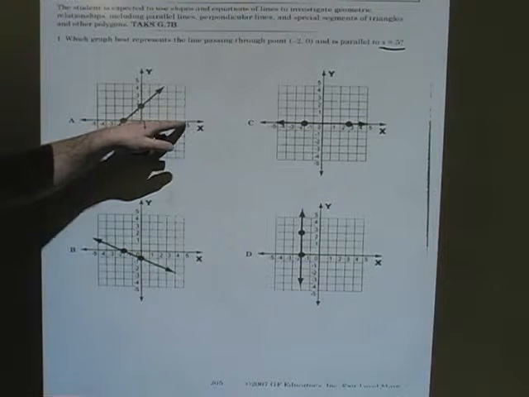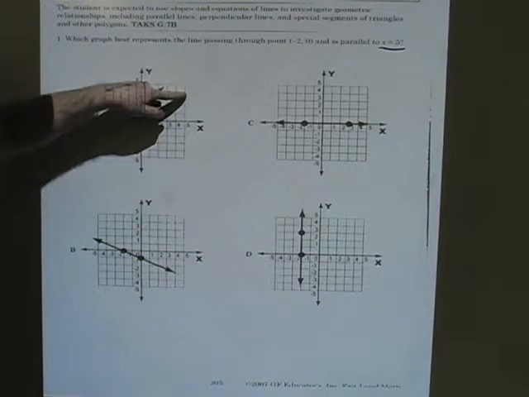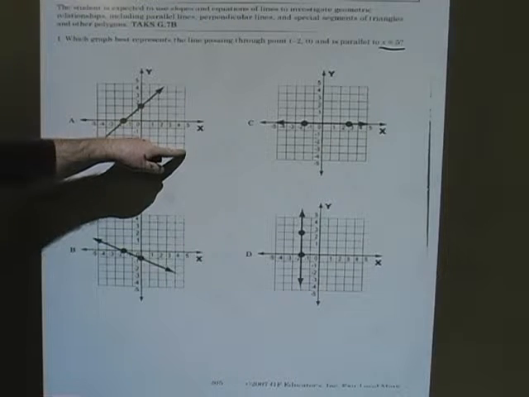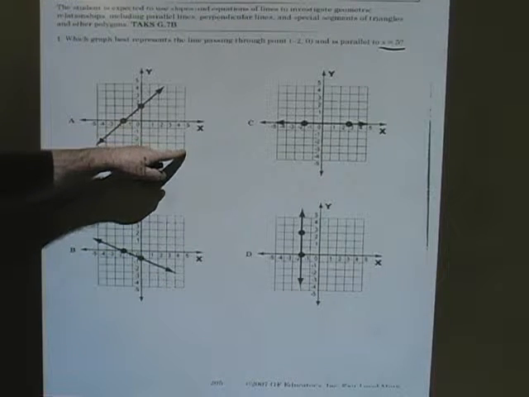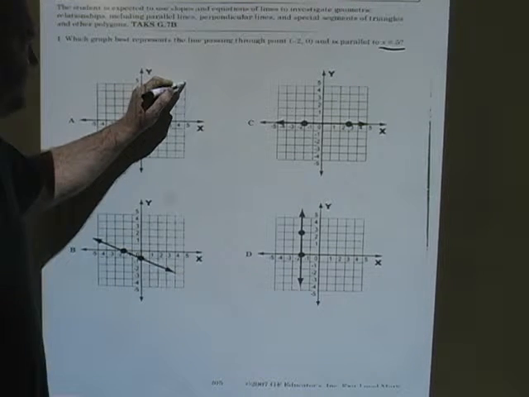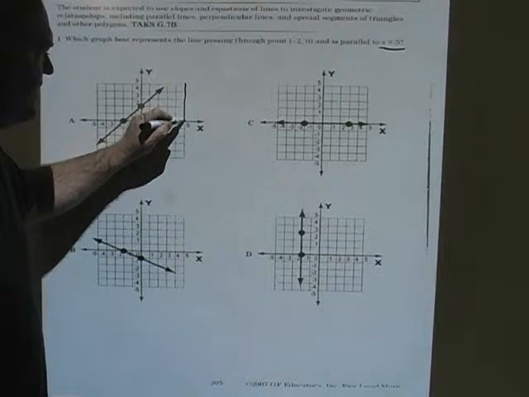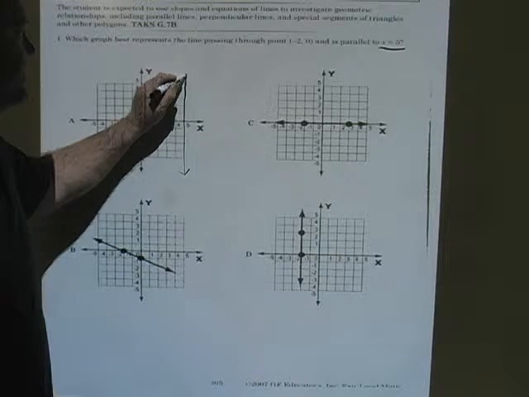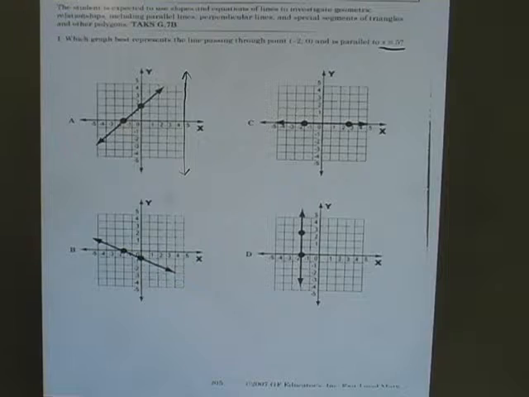Now, I could also go up here, and x would still equal 5, wouldn't it? Or down here, x would still equal 5. Okay, so what you've got is a line. It's going to be a vertical line like this, where x is always equal to 5.